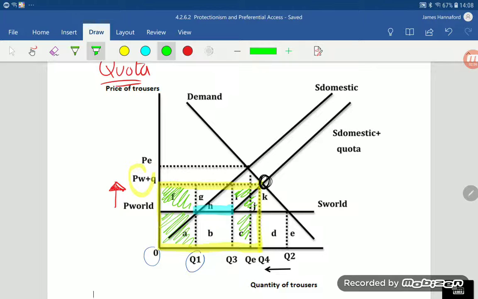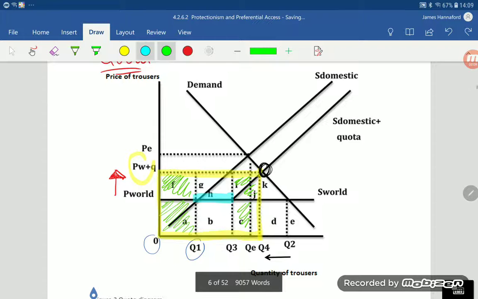Okay, so before there was no quota and the quantity imported was this area here. I changed the colour, it's getting a little bit messy now. That was the quantity imported. But the whole point of a quota is to limit the number of goods coming into the country. Therefore, we can conclude straight away that BCD can no longer be the revenue earned by foreign producers.